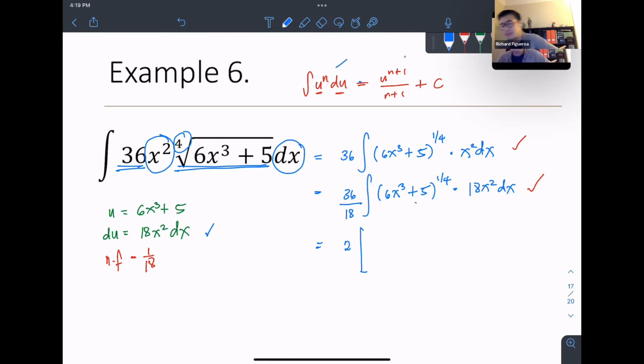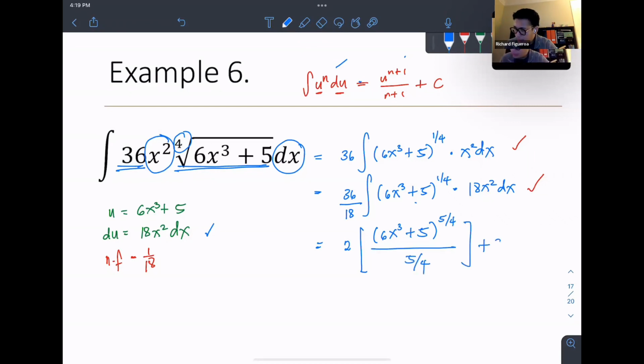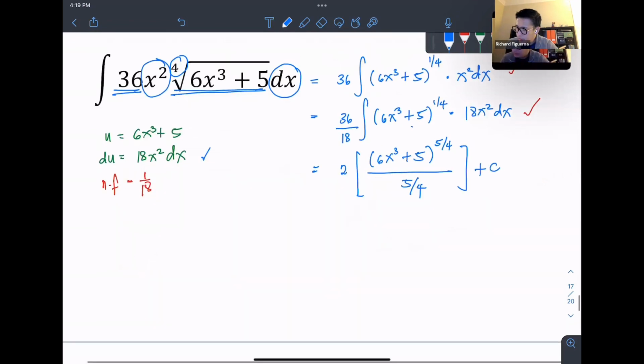So I'm going to use this formula. Our u is 6x cubed plus 5 raised to 1/4 plus 1. So 1 plus 4 is 5, all over 4, over 5 over 4, plus c. And for the 2, get the reciprocal, that is 4 over 5.